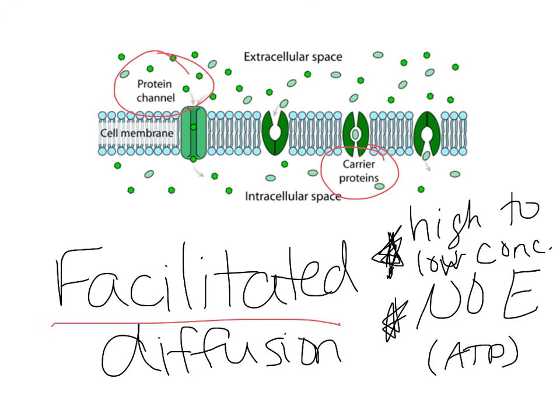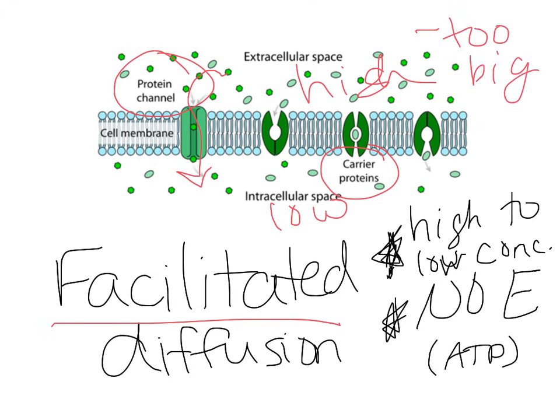You'll see these green molecules are still moving from high to a low concentration. They just need help. And why would a molecule need help? Remember, it's either too big or it has a charge. It's polar. And so it can't slip through that cell membrane.